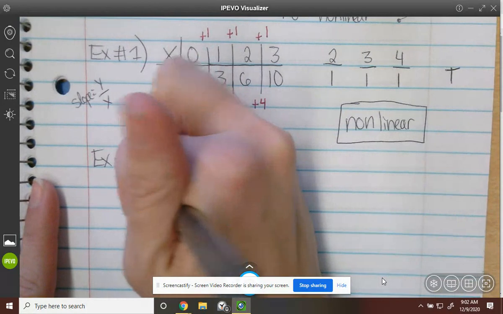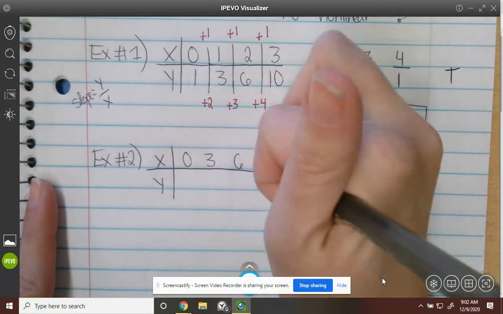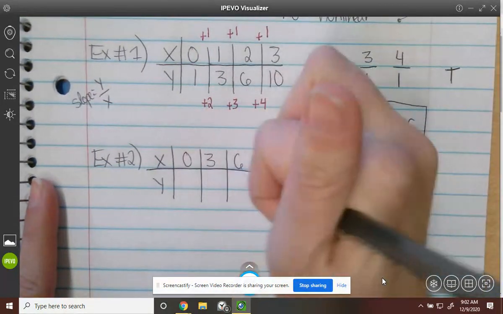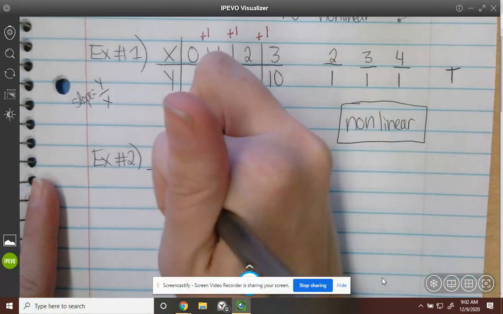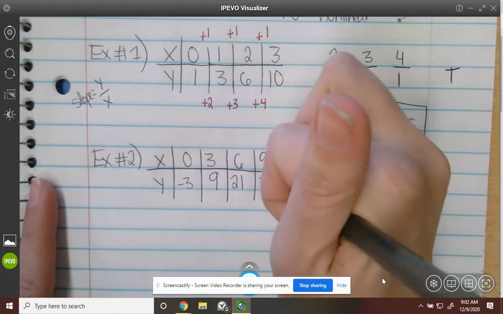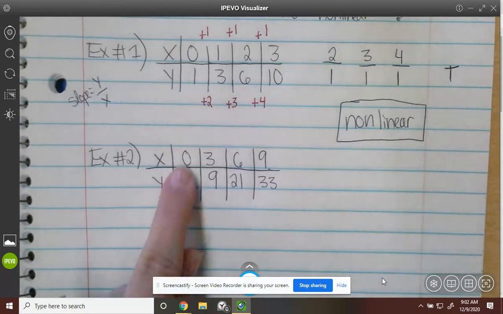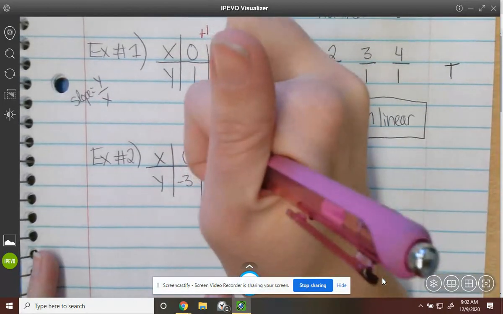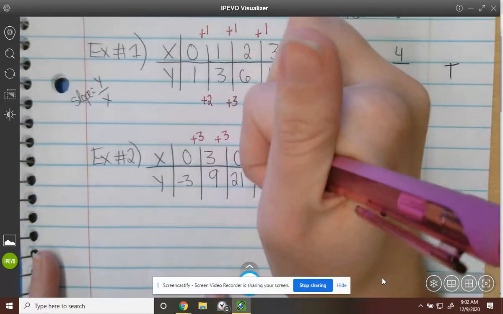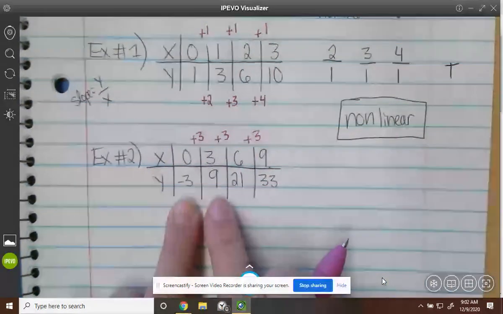X and then Y. We got 0, 3, 6, and 9. -3, 9, 21, and 33. Find your pattern. Across the top, I'm going up by 3s each time. How far is it from -3 to 9?